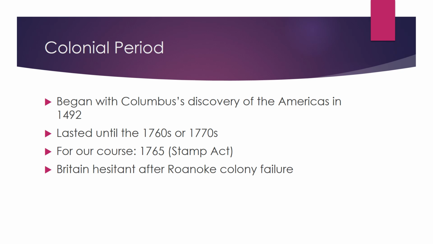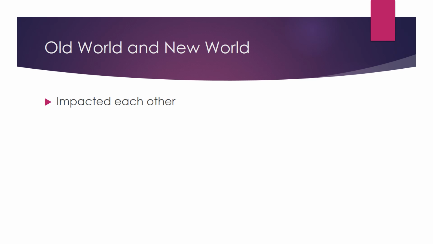Another thing to remember about our study is that the discovery of the New World was not one-sided. We often talk about it in a one-sided type of way, but the New World and the Old World impacted each other. So as Europeans discovered the New World, the cultures of the New World and the Old World collided and impacted each other.